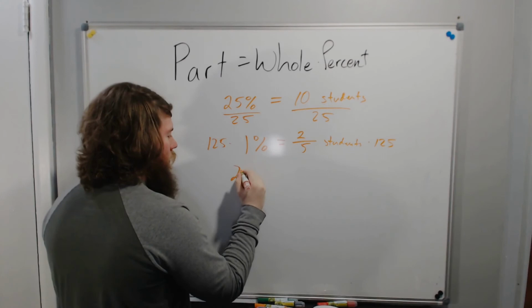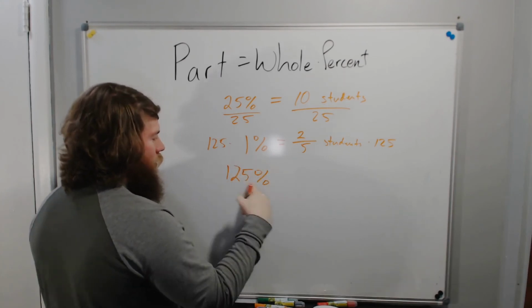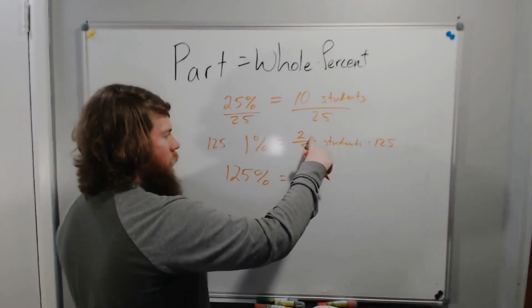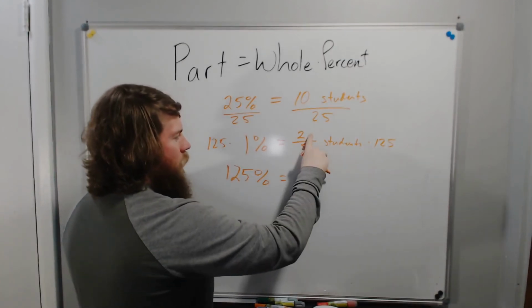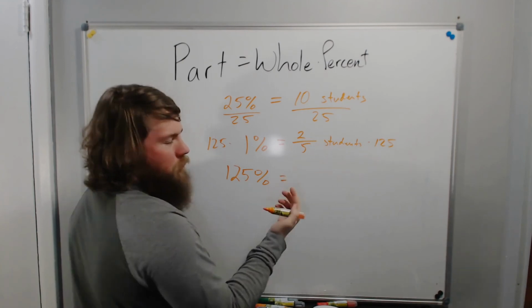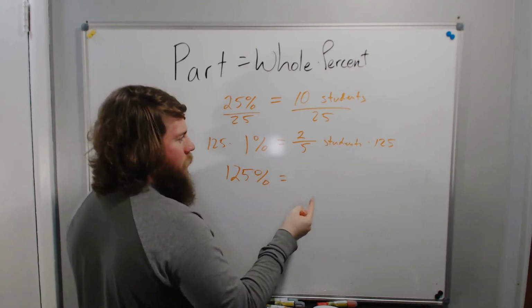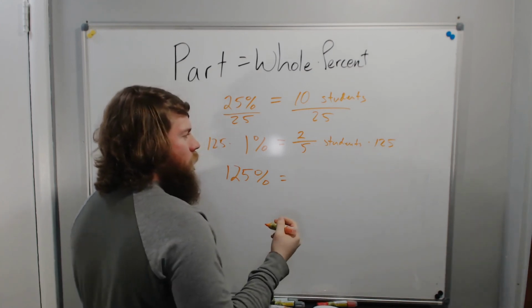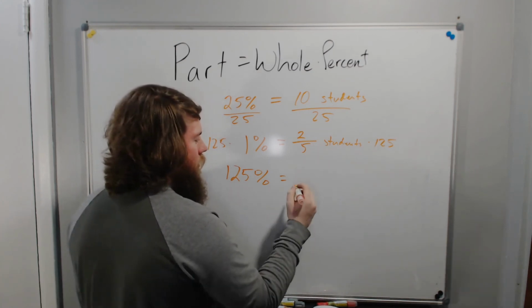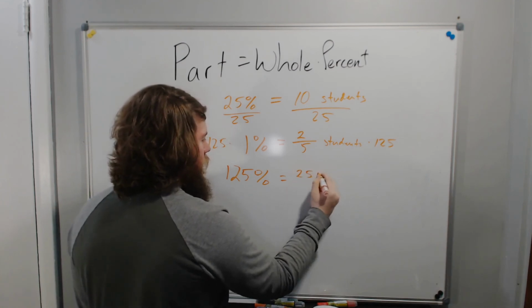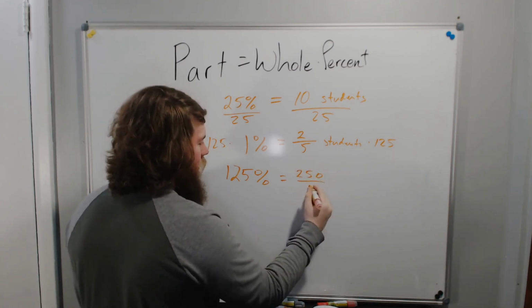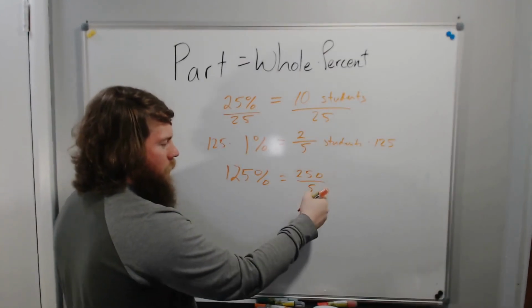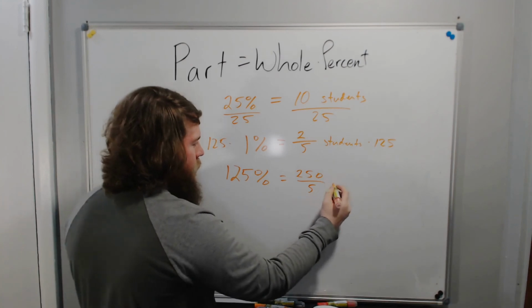So both sides multiply by 125. So 125% represents, we need to do 2/5 times 125. It's just fraction multiplication, so you multiply straight across. 2 times 125, 5 times 1. 2 times 125 is going to give us 250 over 5. Okay, and they both have a factor of 5, because this one ends in 0, and this one is just 5.